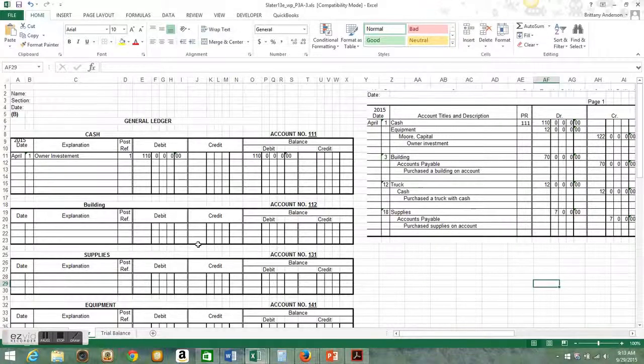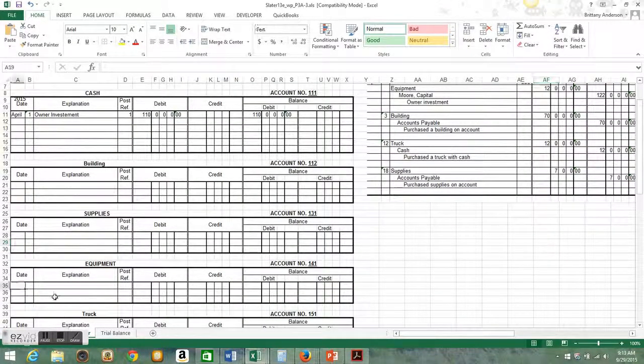So we also invested cash, or equipment, sorry. I'm not going to put the year on for each one of these, but you should do that. It's the first, and it was the owner investment. It's from page 1 of my journal, and it's a debit amount of 12,000. Okay, so I'm just going to indicate that here.